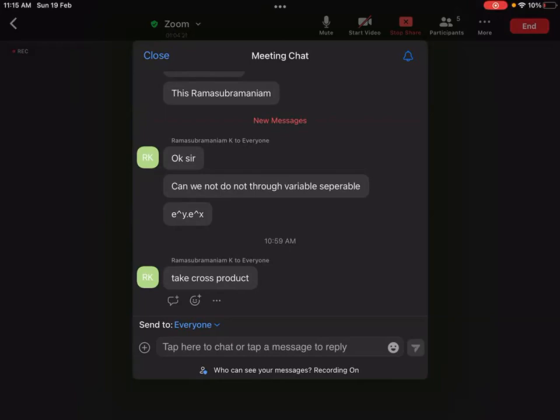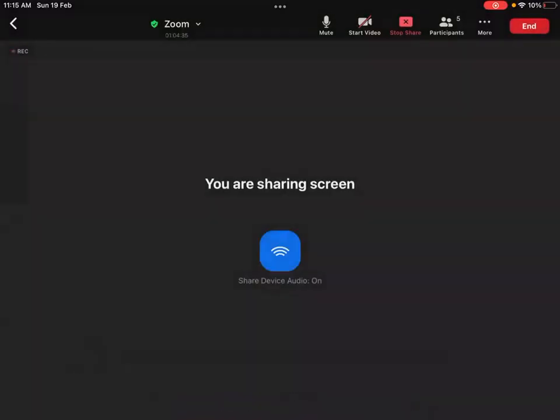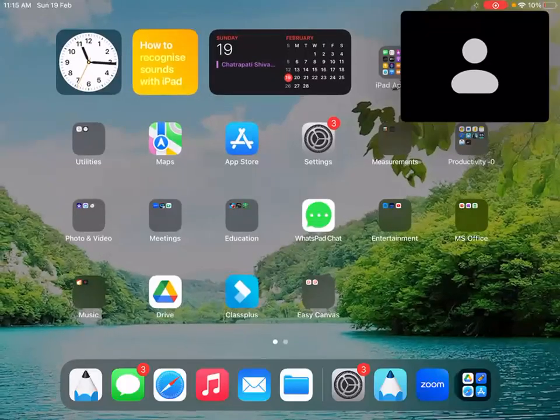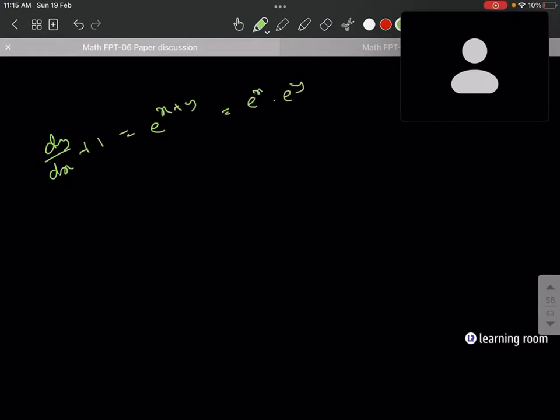Oh, sorry, Ram Subramanian, I didn't see that. Can we not do through variable separable that e power x plus y problem? You can. So you had this thing dy by dx plus 1 is equal to e power x plus y. You want to write it as e power x into e power y.